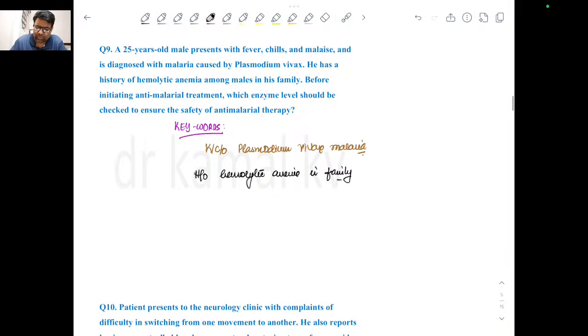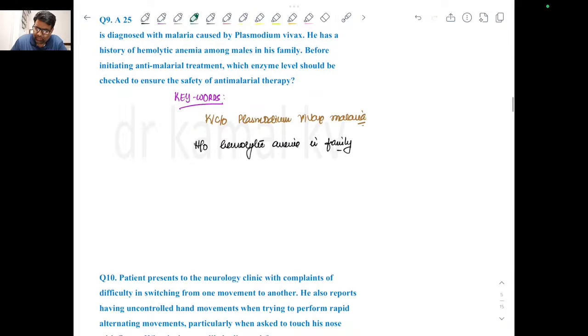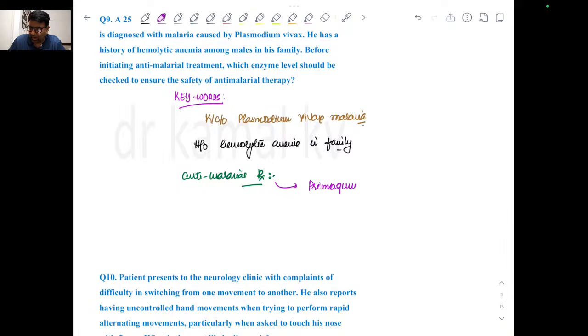Okay, that's number 2. Now we want to start anti-malarial treatment, and most likely in this particular case the question is about using primaquine, which is used for radical cure of malaria, right?